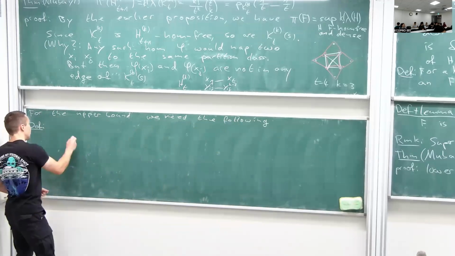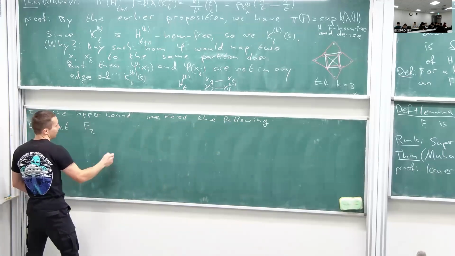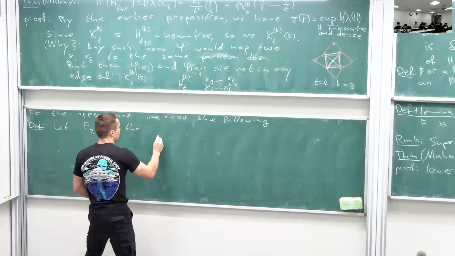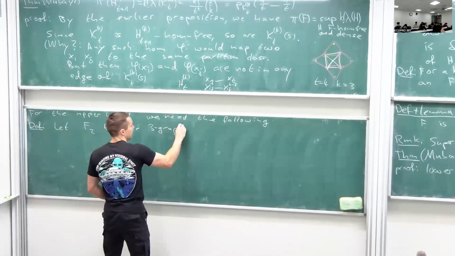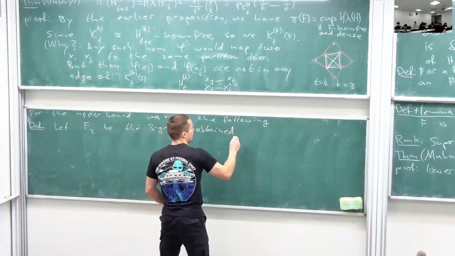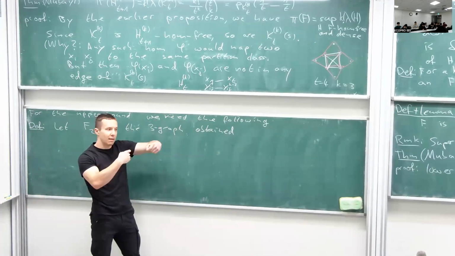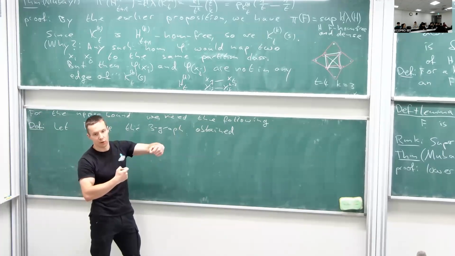So that F2 being the 3-graph obtained by taking a K4 minus and blowing up the apex. So the apex in the K4 minus is the unique vertex that lies in all three edges.